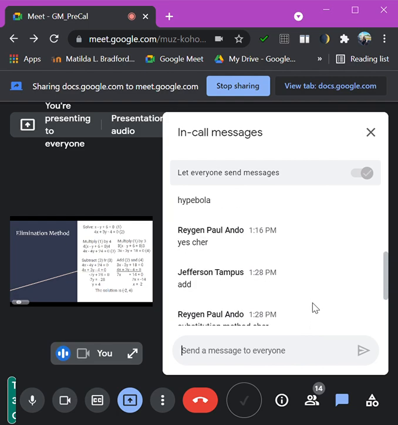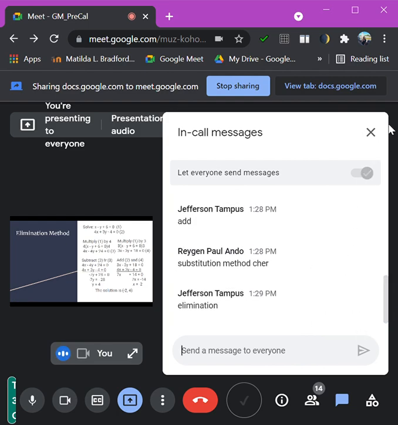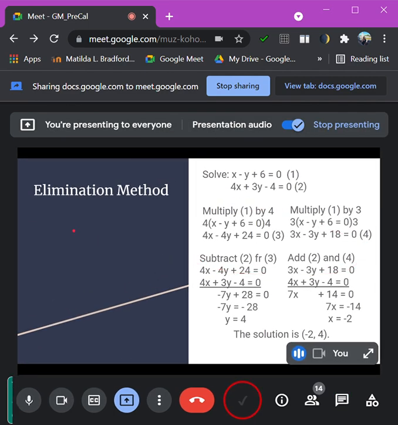Okay, elimination and substitution. So actually, any of the two methods you're going to use, the goal is that the same answer will come out. It's still the same answer.